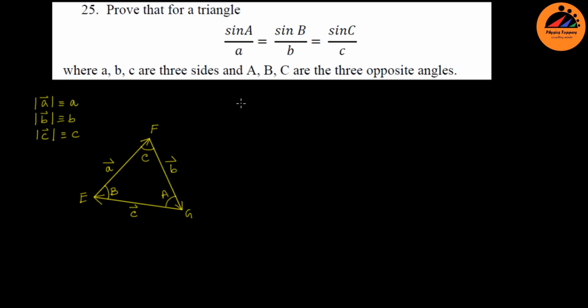How can you find the area of this triangle? So the area is half the magnitude of A cross B. How do I come to the conclusion that the area is half magnitude of A cross B?